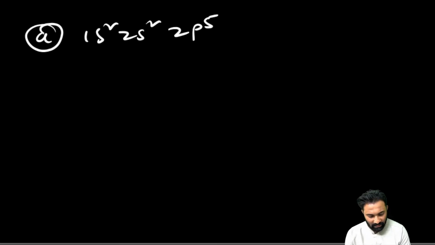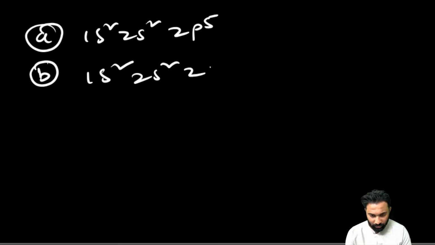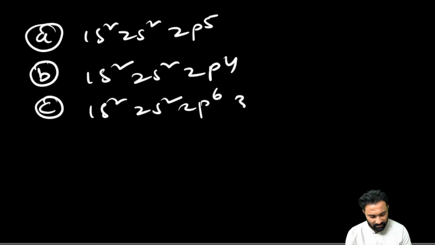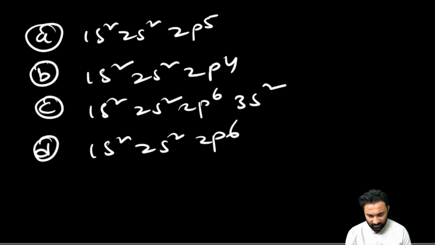Now here, atom A has the electronic configuration 1s2, 2s2, 2p5. B has 1s2, 2s2, 2p4. C has 1s2, 2s2, 2p6, 3s2. D has 1s2, 2s2, 2p6.